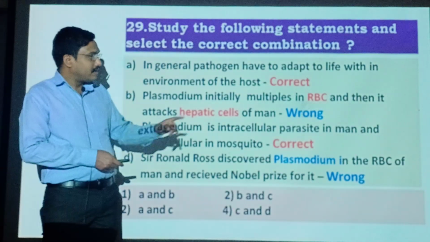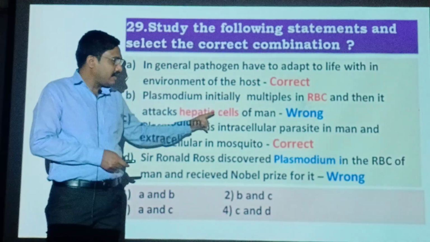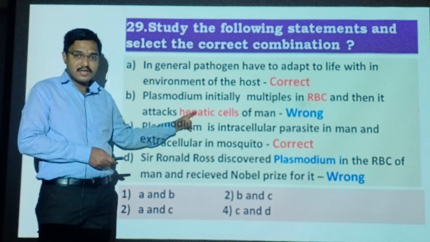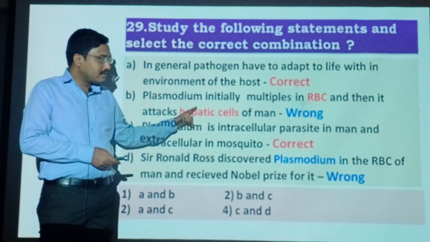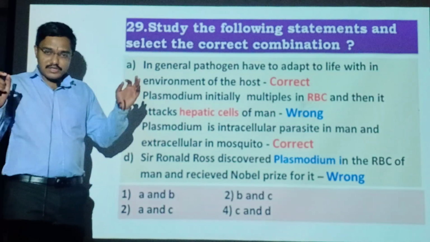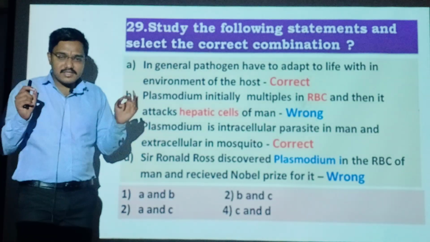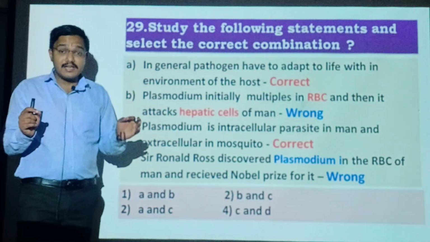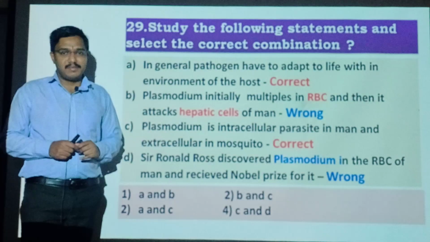First liver cells. Here they have given first RBC, then they have given liver cells. Hepatic cells means liver cells. Therefore, this statement is wrong. Remember, Plasmodium first multiplies in the liver cells and then in the RBC.